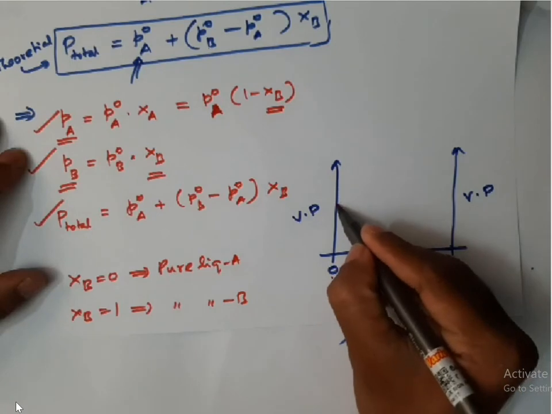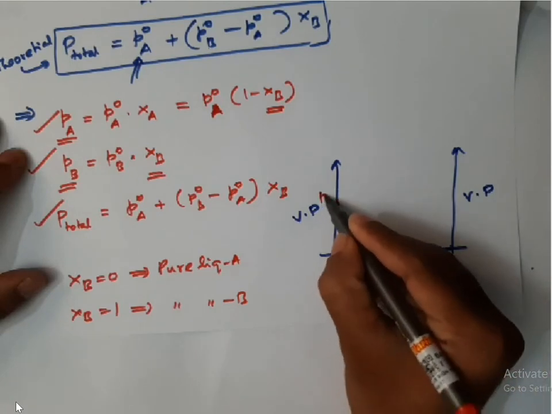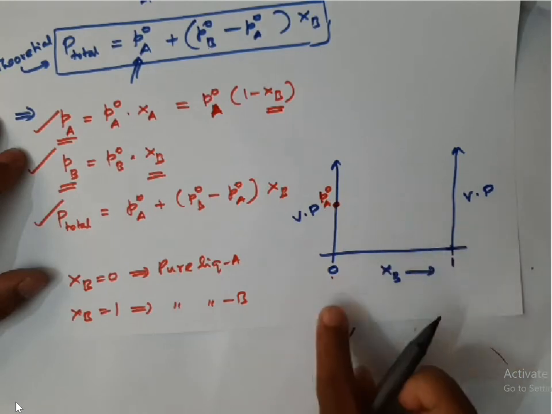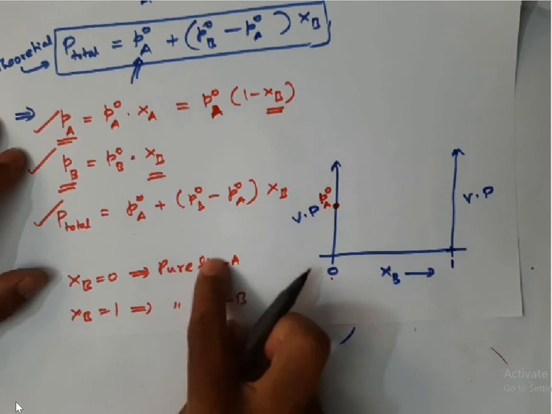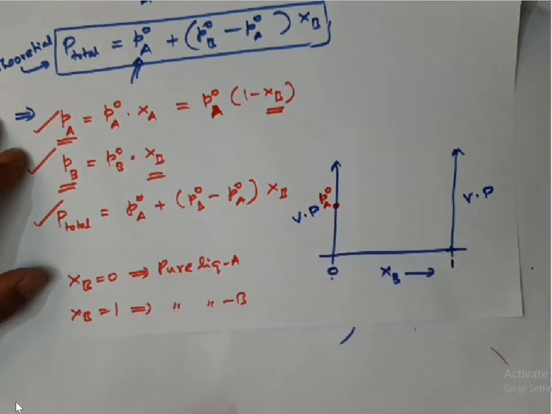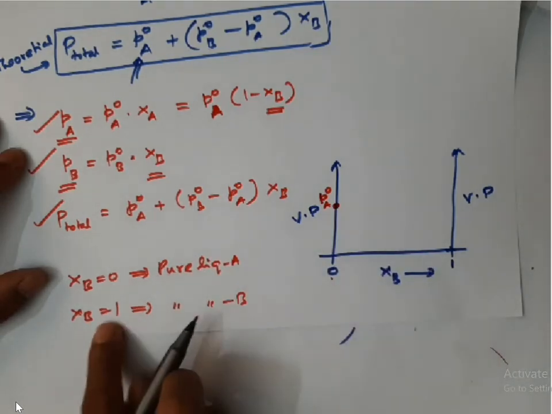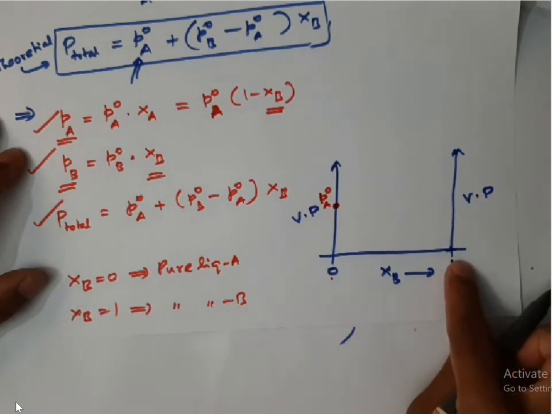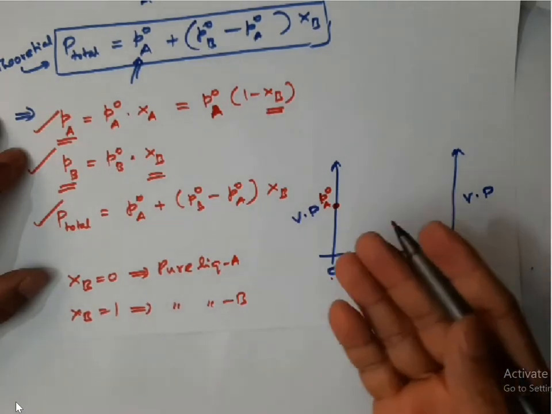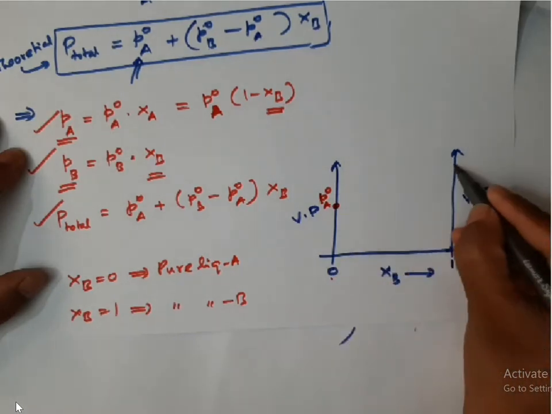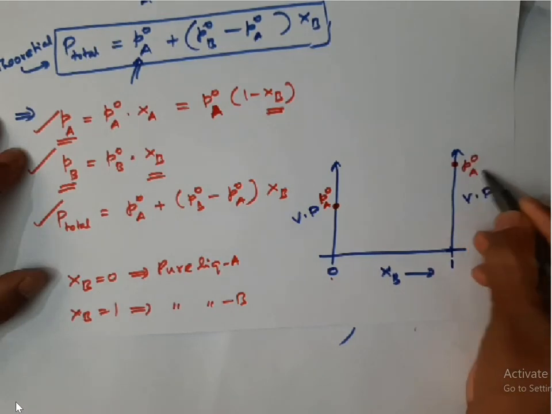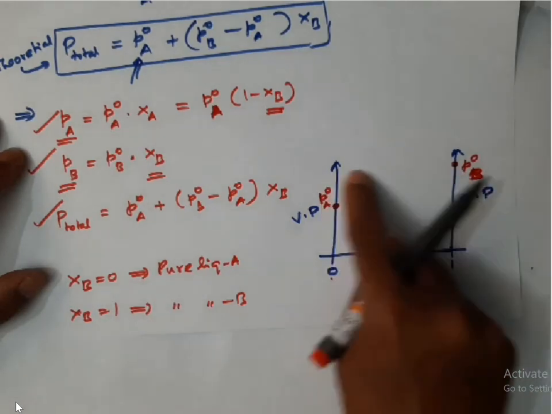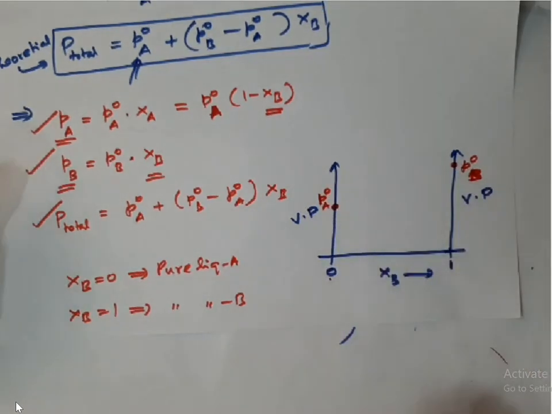So for pure liquid A, we have some vapor pressure, let it be P naught A. When the mole fraction of B is 0, we have only pure liquid A, so the vapor pressure is P naught A. Similarly, at XB equal to 1, we have pure liquid B. For pure liquid B, we have some vapor pressure. Let us assume the vapor pressure of pure B is somewhat high compared to A. Just assume like this.